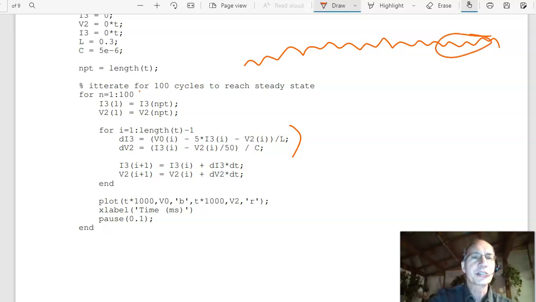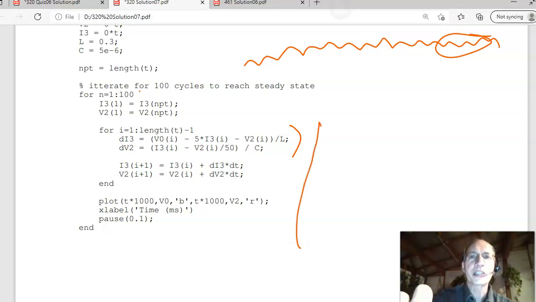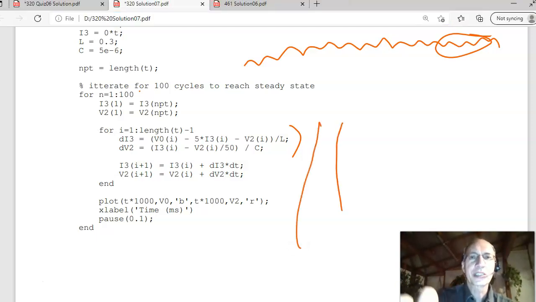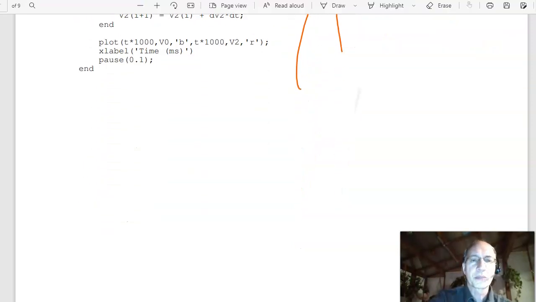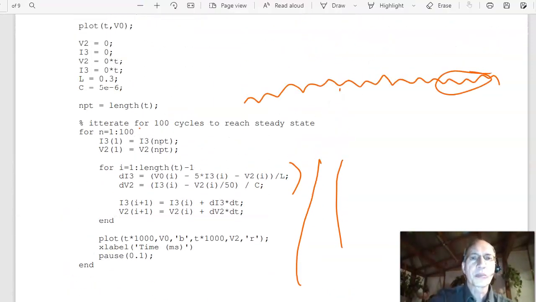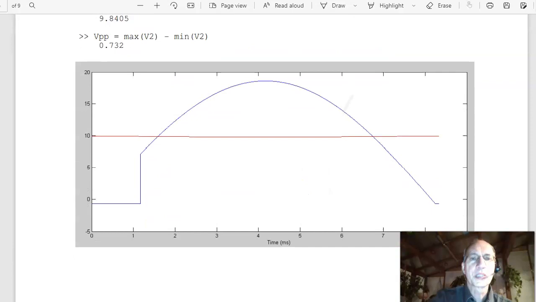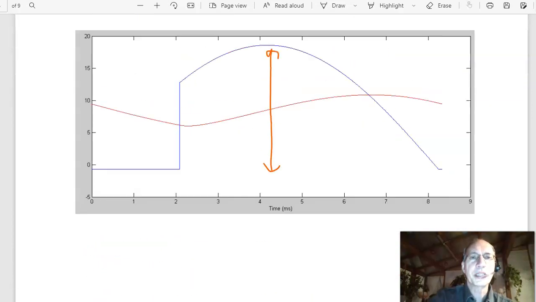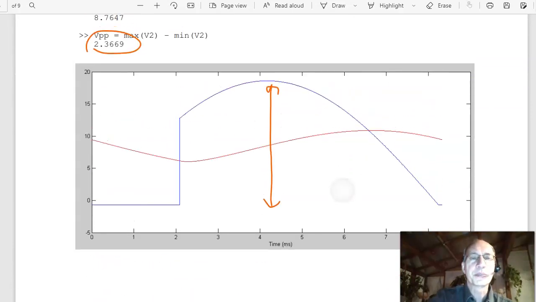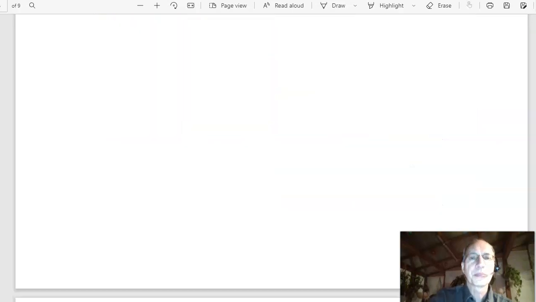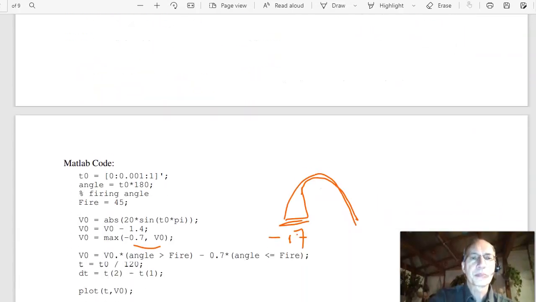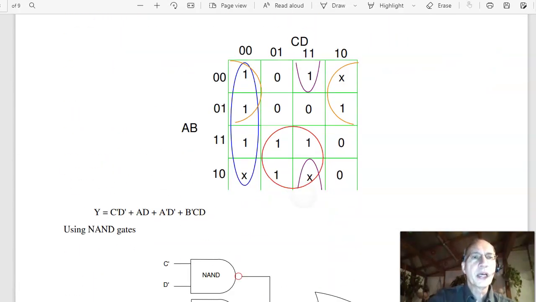So after 100 cycles, I'll run. What it looks like are the figures that we had before, this one for problem 3, this one for problem 2. Last two problems.